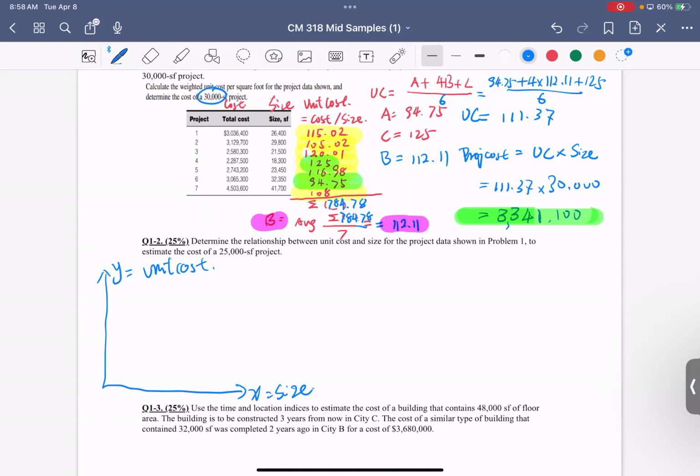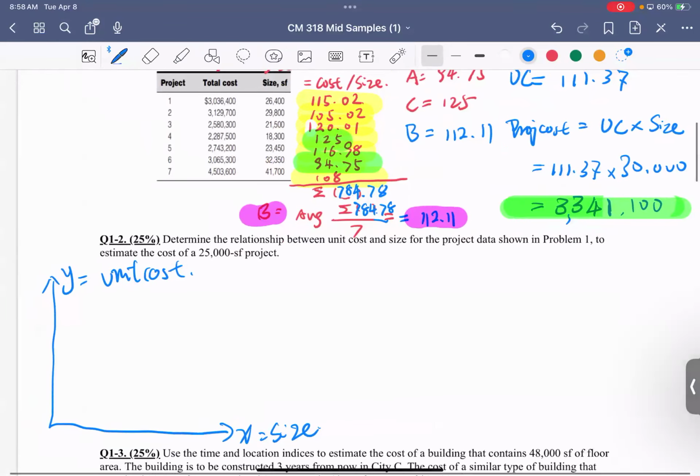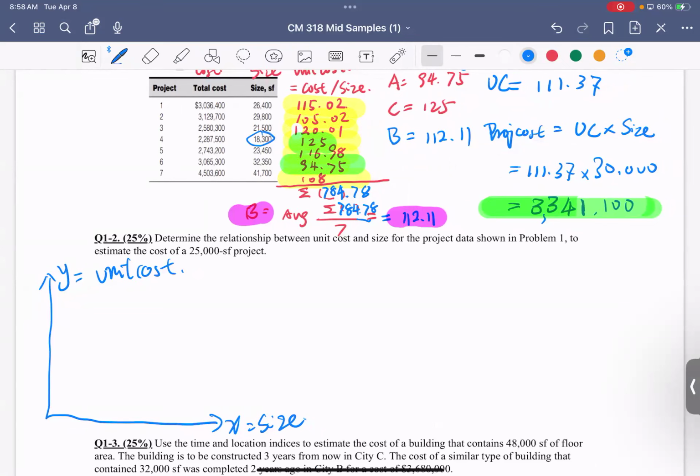If you look at all the given information here, you will see the smallest size you have is this one, 18,300, and the corresponding cost is 125, which is the maximum one, right? So you have one point here.